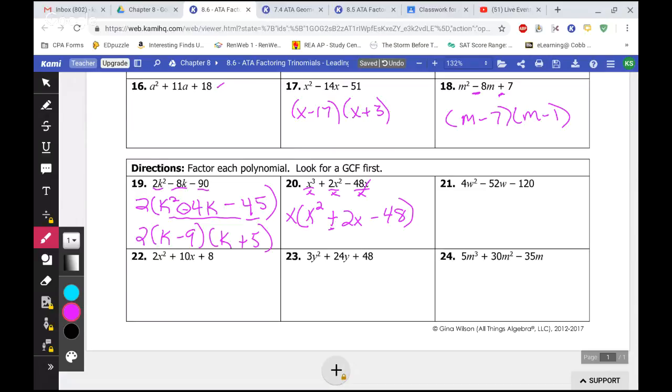So what are some of the factors of 48? 2 and 24. Good job. 4 and 12. Somebody said 6 and 8. Good job. And if we do 6 and 8, if we do a negative 6 and a positive 8, we would definitely get what we're looking for, I think.